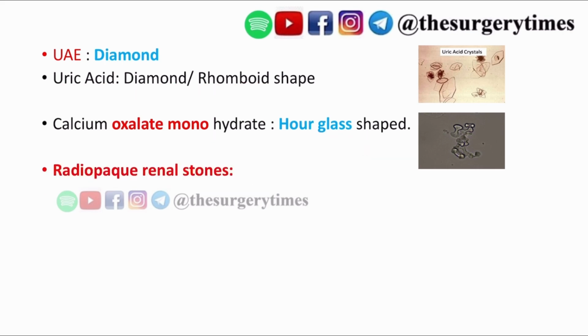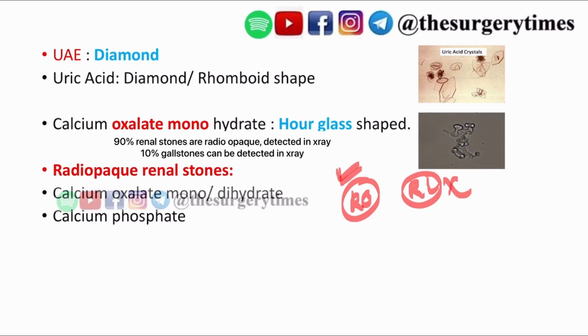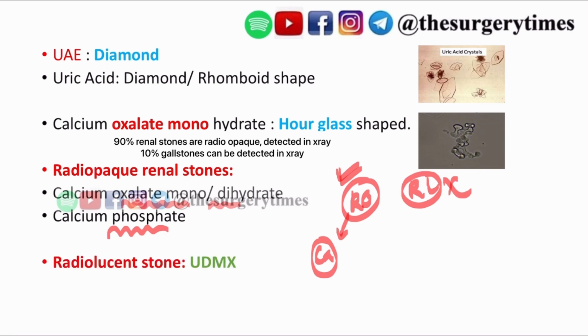Now two important points: radio opaque stones and radiolucent stones. You can detect radio opaque stones on X-ray but not radiolucent stones. So what are the examples? Radio opaque are, always remember, mostly calcium based. So calcium oxalate monohydrate or dihydrate, and calcium phosphate, these are radio opaque stones.